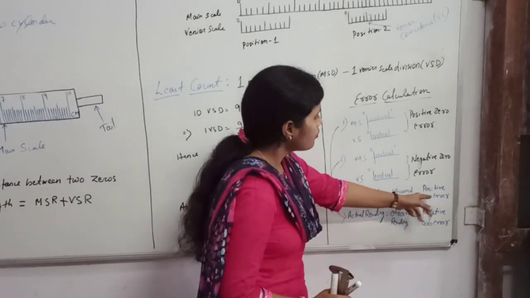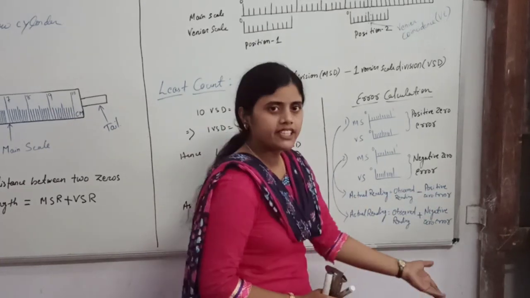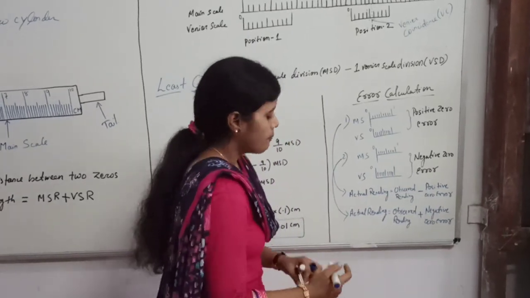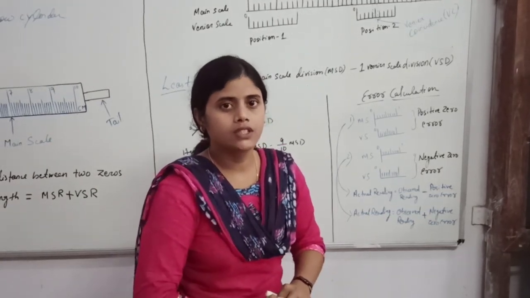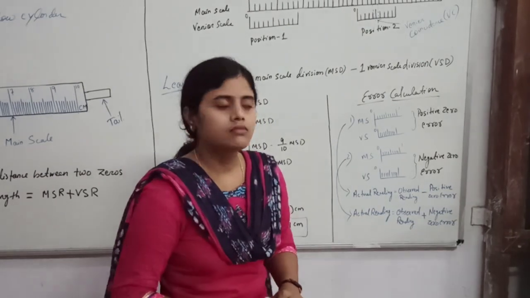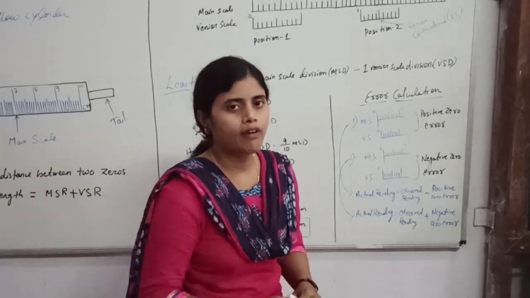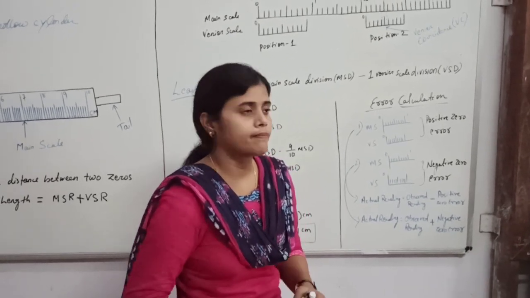Now how will we calculate this error? The formula is very simple. The error can be calculated by multiplying the least count with the vernier coincidence. I will tell you more about the vernier coincidence, then how to find the error, and also how to find the vernier scale reading.